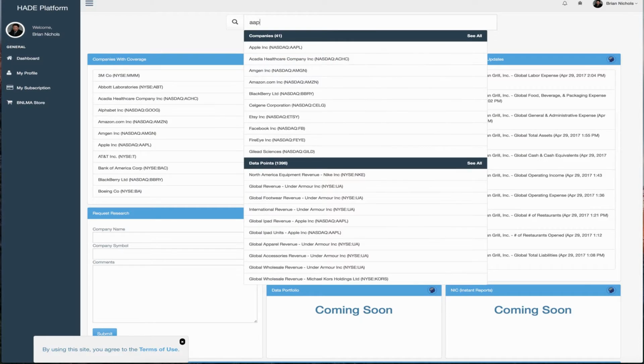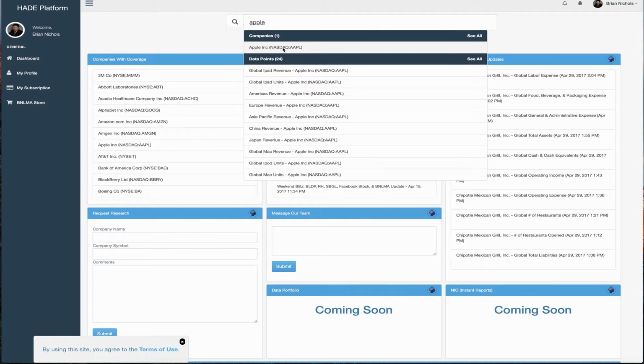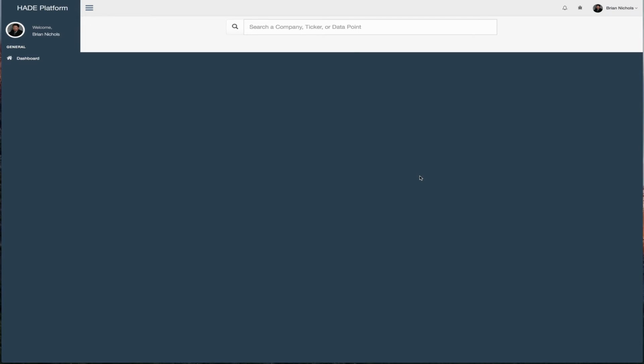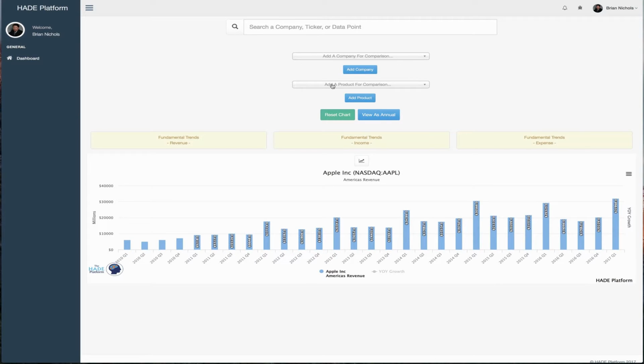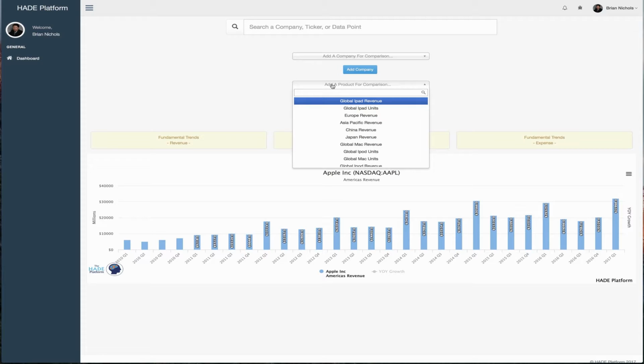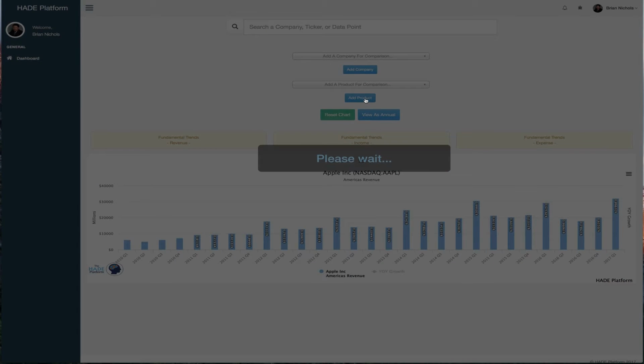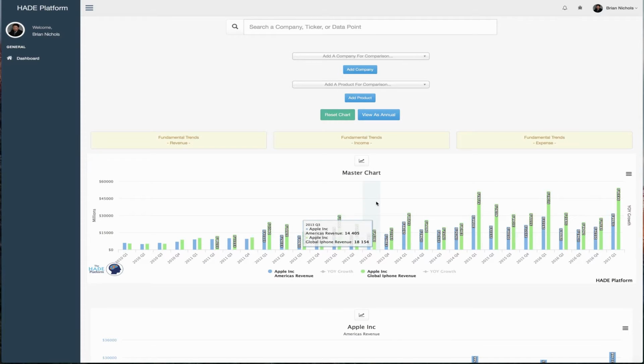Another way that you can use our data is you can click on a data point, and then look at various products or data points for the same company, not company versus company, or two different companies. So in this instance, we're looking at America's revenue, and then we could add in global iPhone revenue. And you can do this with income, profit, whatever it is that you want to look at.